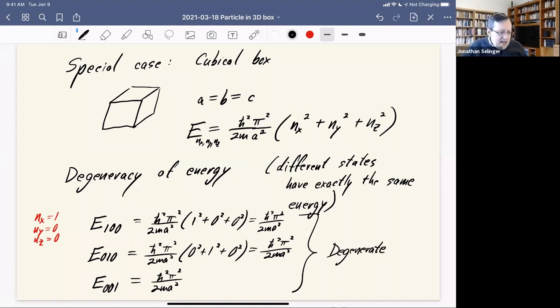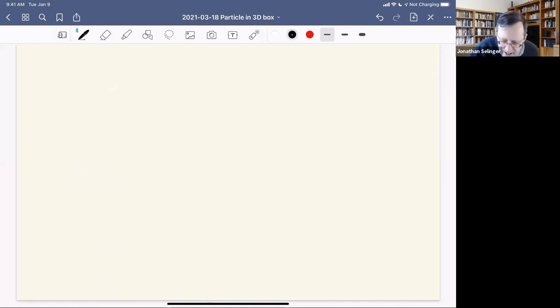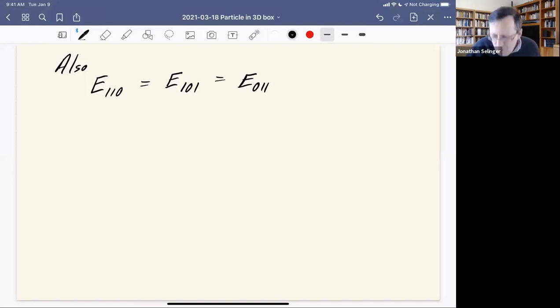And there are lots of sets of states you can make up that have degenerate energies in the same way. So just to pick another example, E sub 1, 1, 0 equals E sub 1, 0, 1 equals E sub 0, 1, 1.